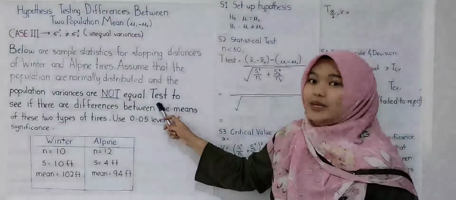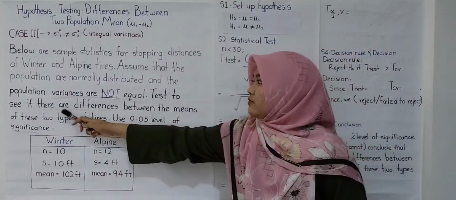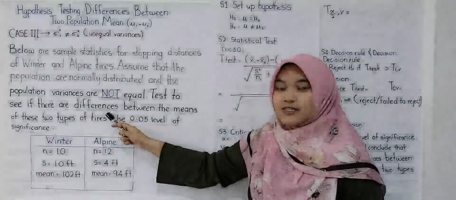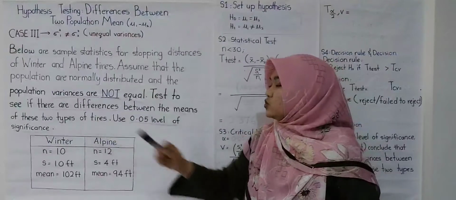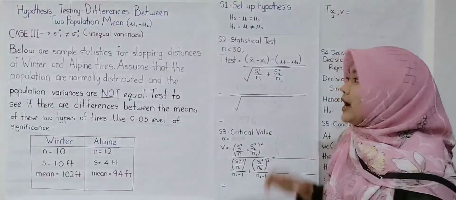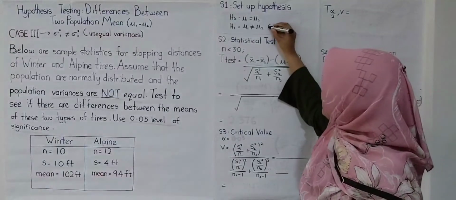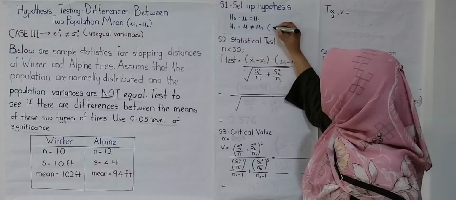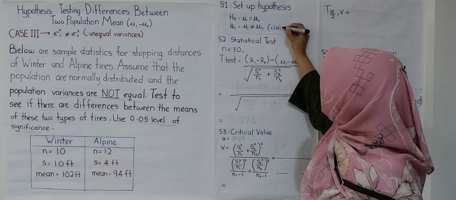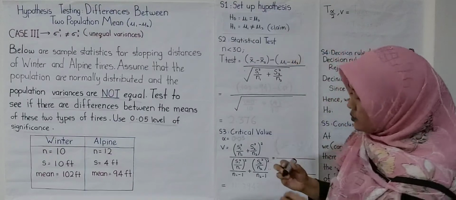Look at the question back. Test to see if there are differences between the means of these two types of tires, which means unequal. So we claim at the alternative hypothesis, which is mu1 is not equal to mu2.